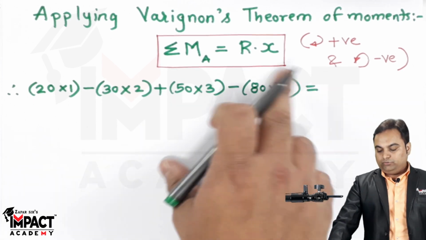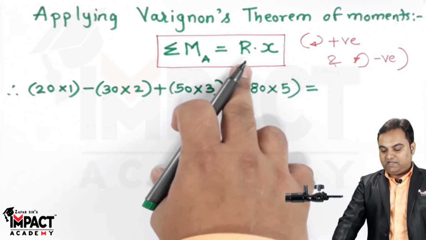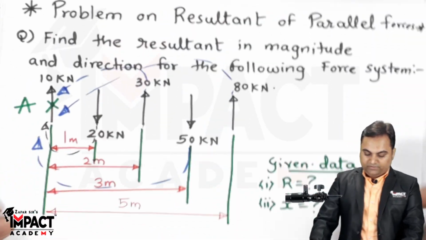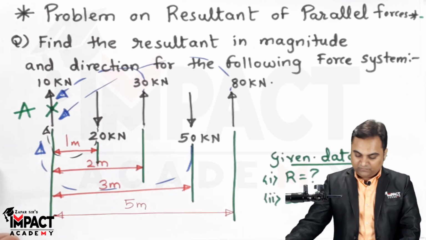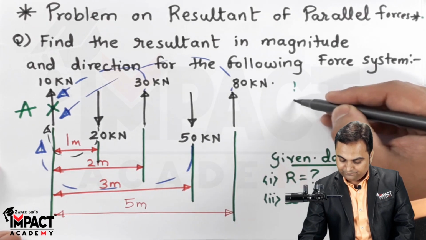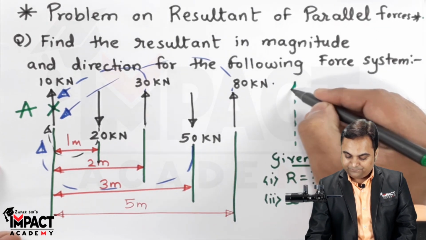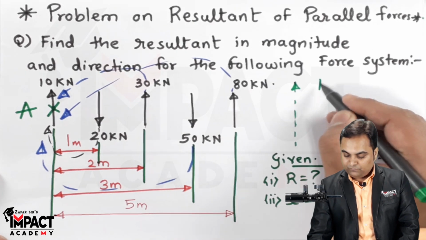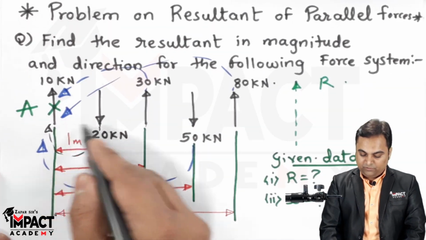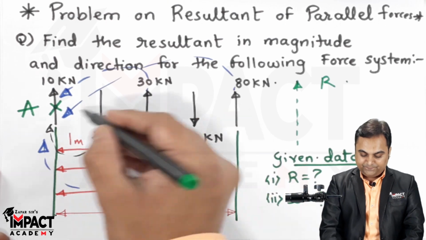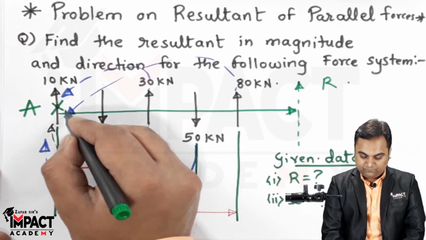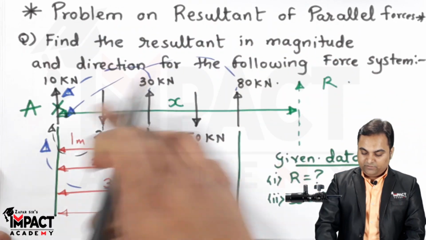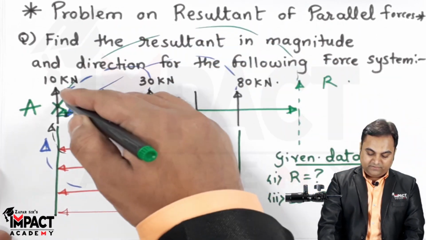Now on the right hand side, the moment of the resultant. Since the resultant is positive, acting upward, it can be anywhere. I am assuming that it is somewhere over here acting in an upward direction, and its distance from point A would be x. The moment produced by the resultant would be negative because it is in an anti-clockwise sense.